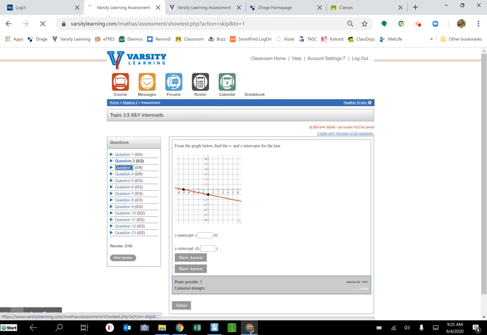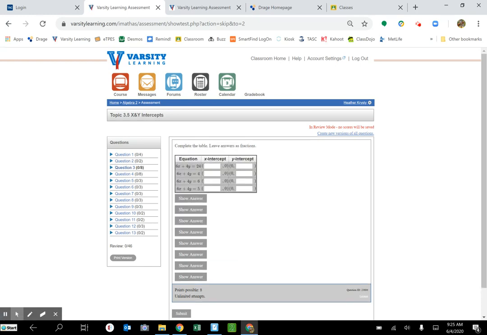Now let's go to question 3. Here's an equation, and they're asking you to find the intercepts. Well, to find an x-intercept, you know y is going to be 0. So they're telling you that. So you can just plug that right in here and then solve.